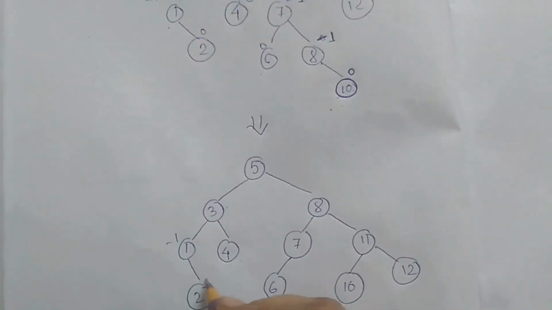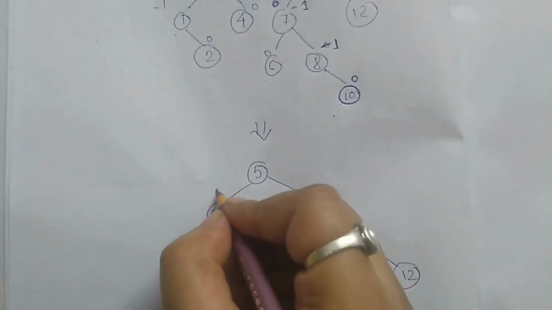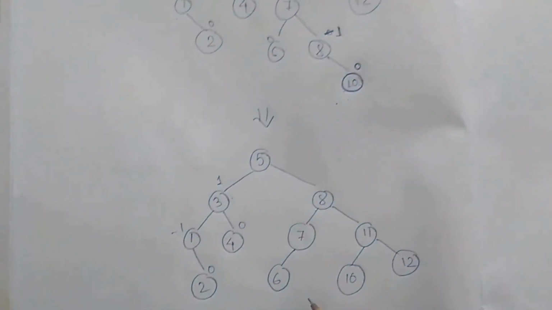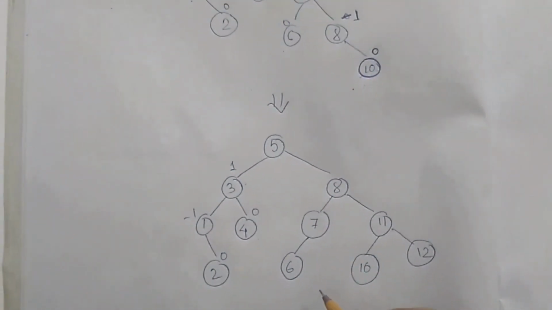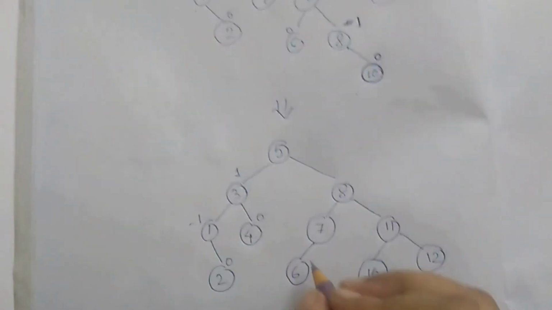Also the value remains same. Now here we see whether the tree is balanced or not.